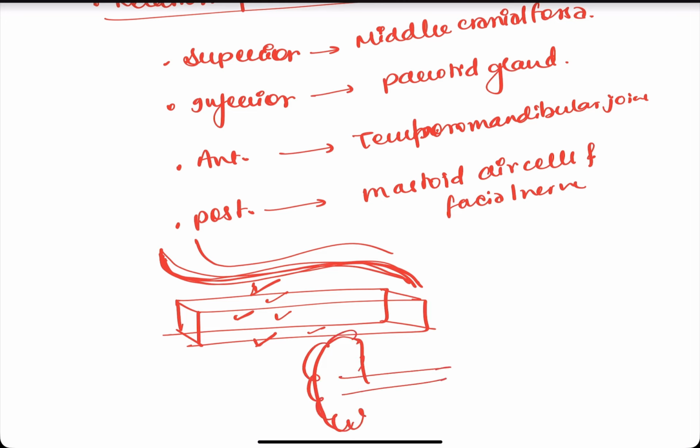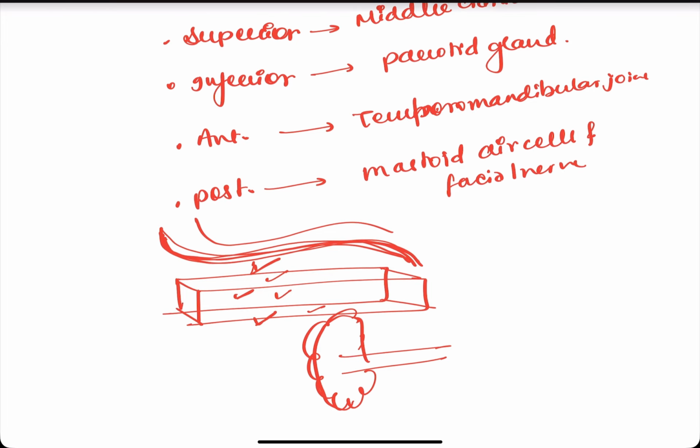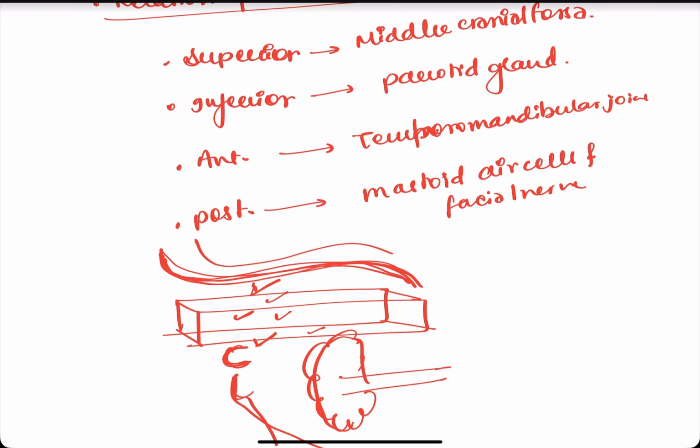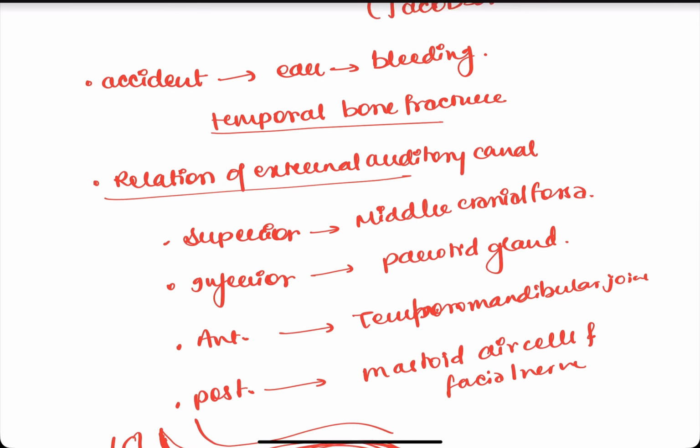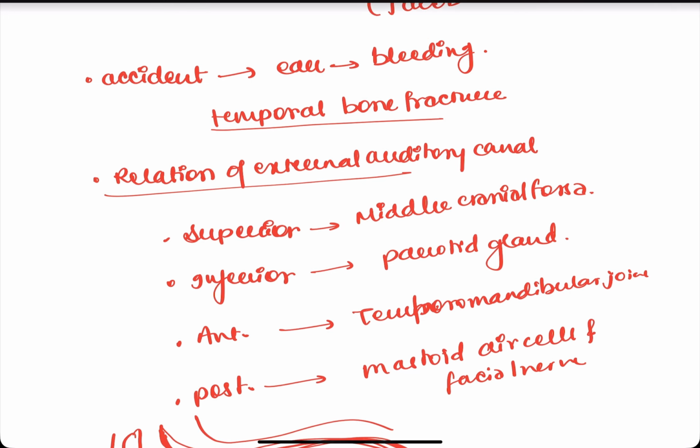In the anterior part, the temporomandibular joint is present. And behind it, the mastoid air cell is present. And this is the styloid process. And here the facial nerve passes beneath the mastoid. So posteriorly, mastoid air cells and facial nerve are present.